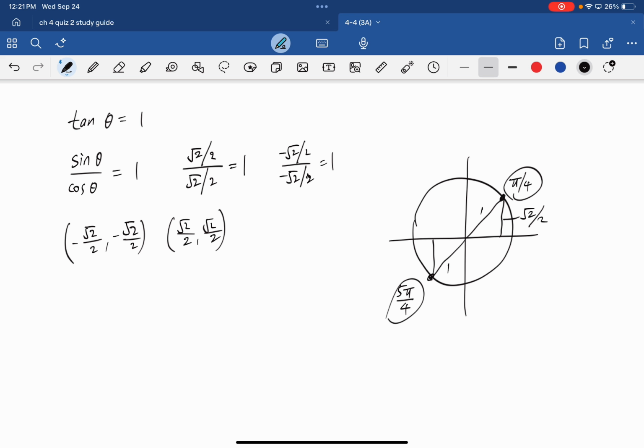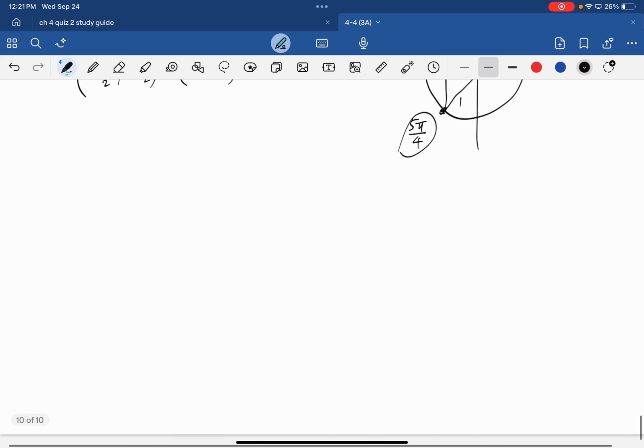Let's do another example of tangent. This time, let's do tangent theta equals root 3, which is the other possibility. Root 3 or 1 over root 3 sometimes. Okay? Tangent theta will only equal root 3 when sine theta equals root 3 over 2 and cosine theta equals 1/2.